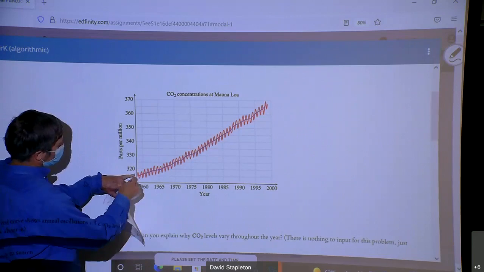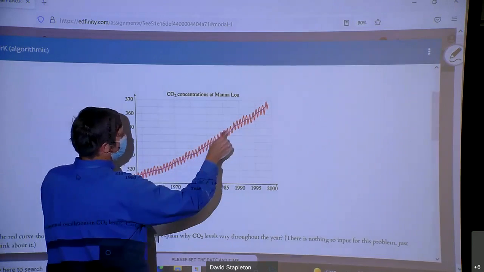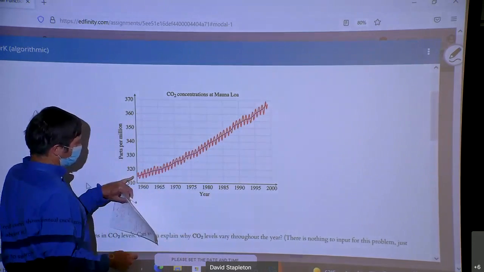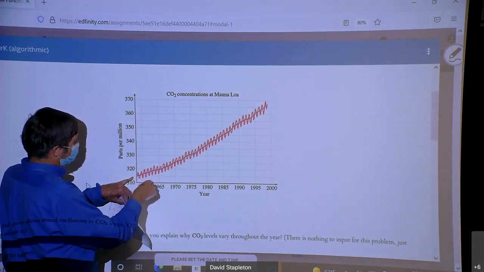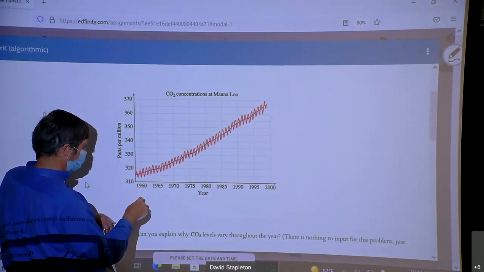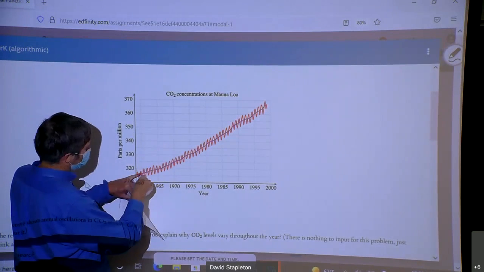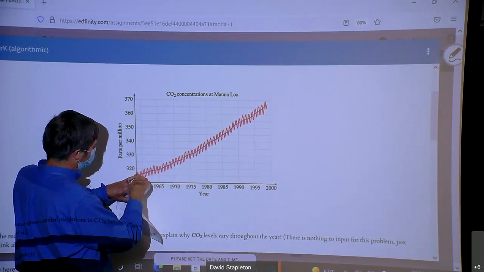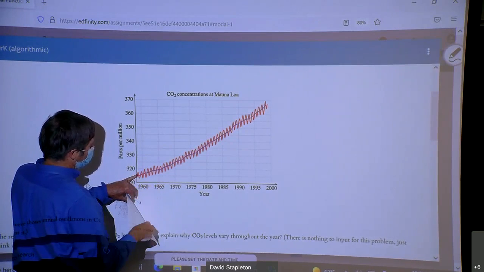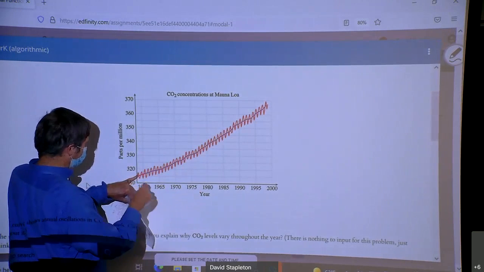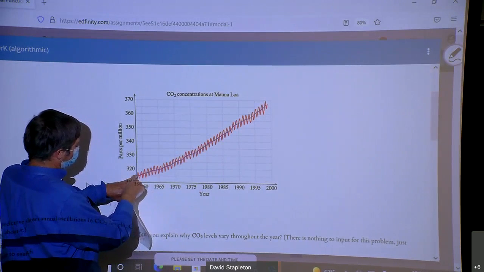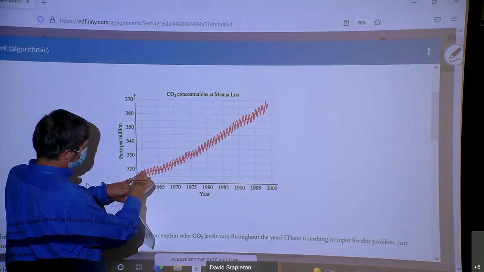But here's the trend curve, the average value each year over the year. But there's this diurnal effect, day and night difference. Sorry, it's not the diurnal effect, it's an annual effect. The amount of CO2 over Mauna Loa, Hawaii, varies each year, goes up and down according to the season.